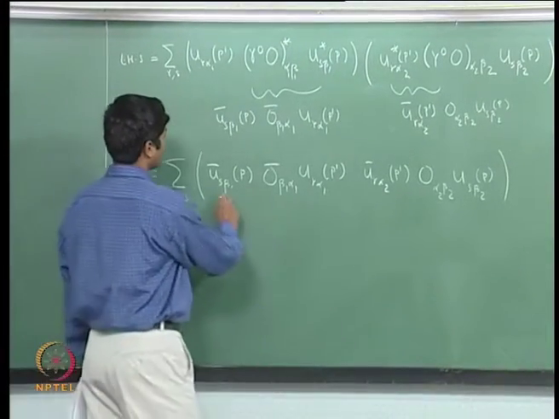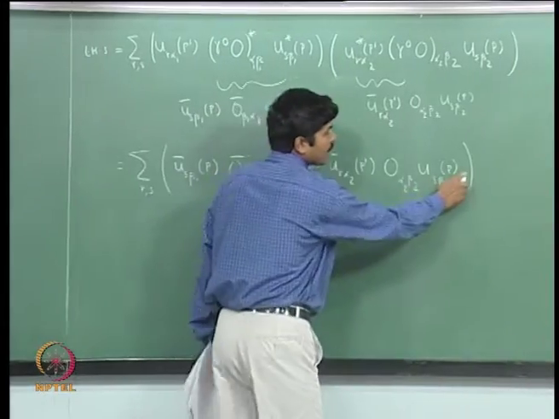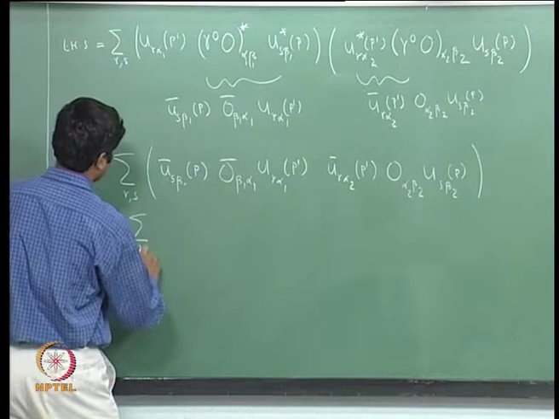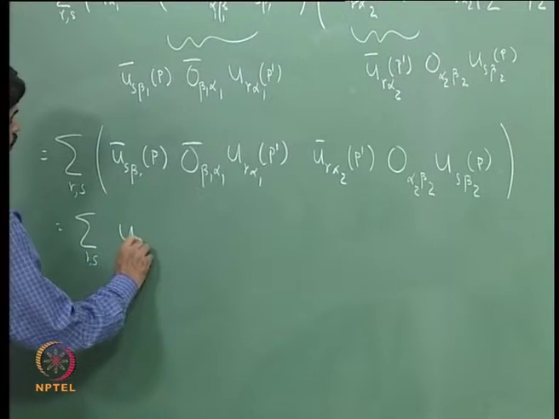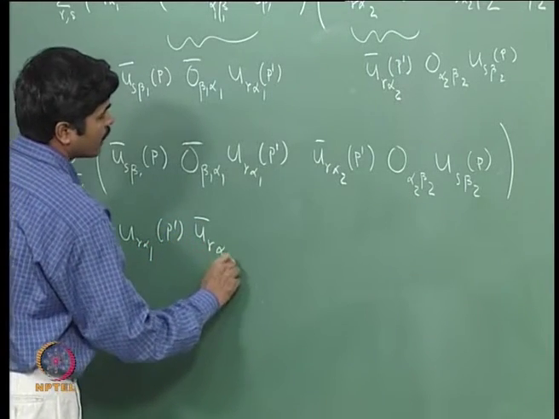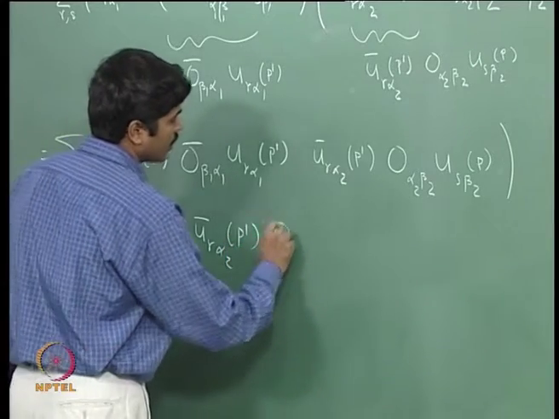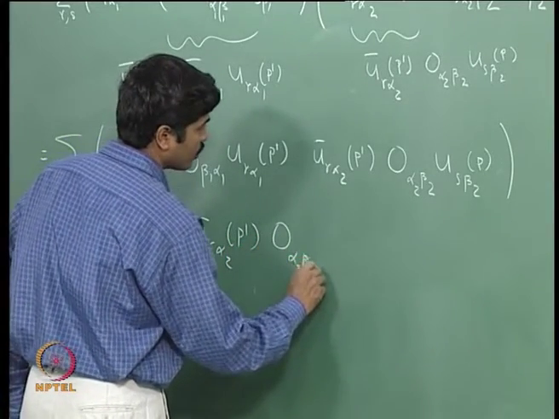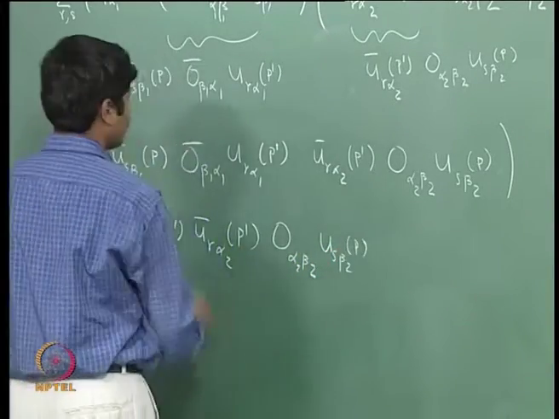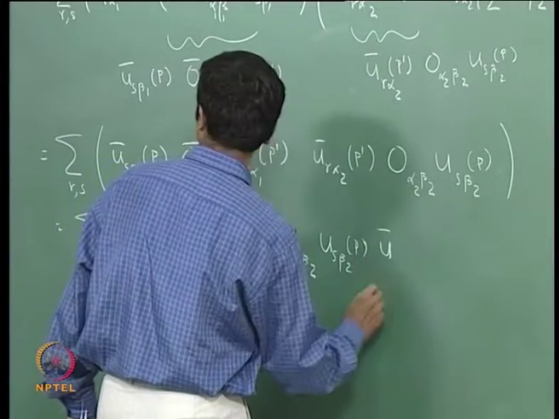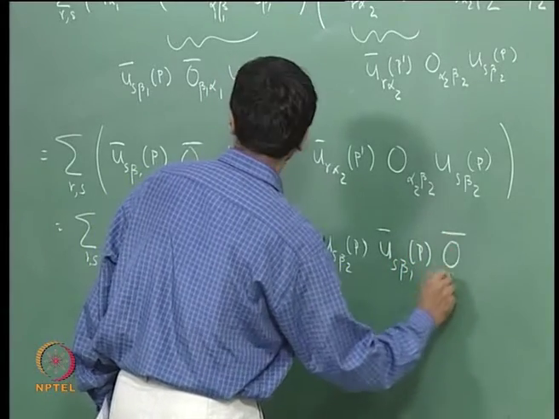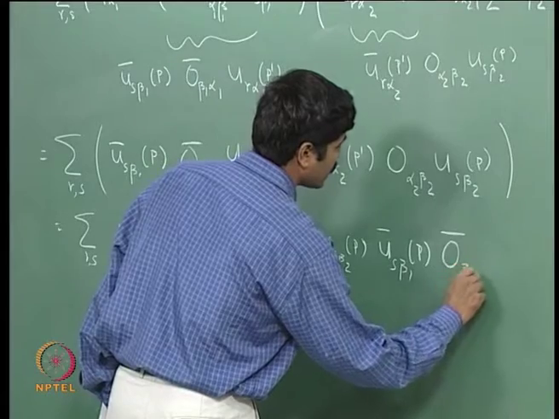Now, since these are numbers, I will write these two numbers at the end. So, then it is simply sum over R, s, U r alpha 1 P prime, U bar r alpha 2 P prime, O alpha 2 beta 2, U s beta 2 of P, U bar s beta 1 of P, O bar of beta 1 alpha 1.